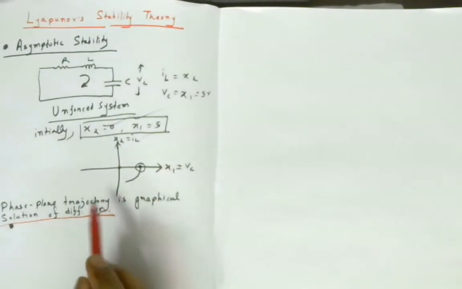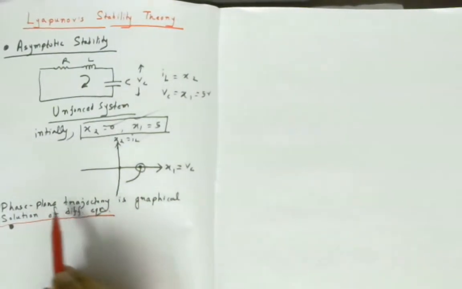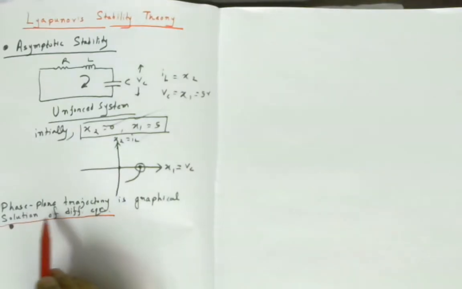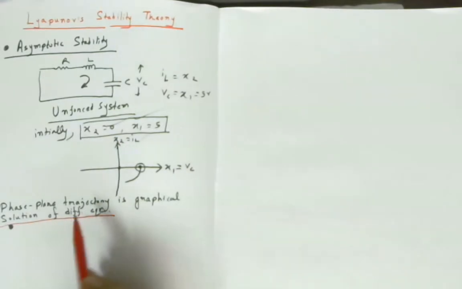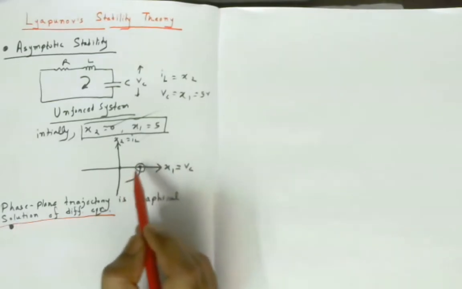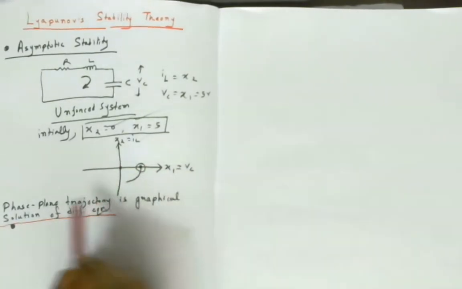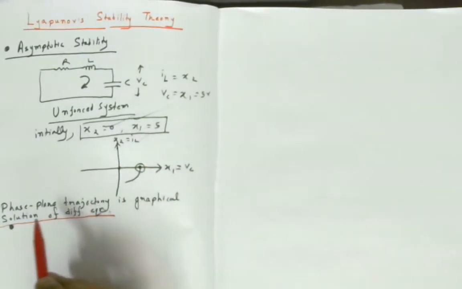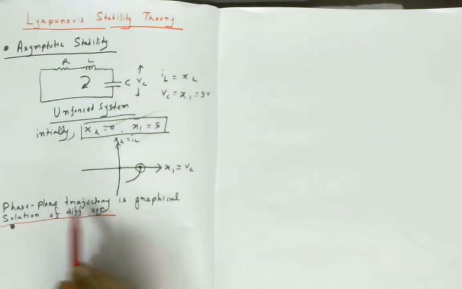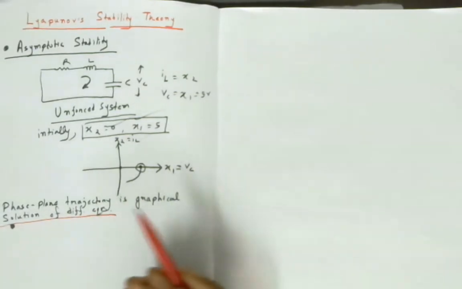We want to know what will happen to the solution of the differential equation when time tends to infinity. That's why you are observing graphically on the phase plane, but actually we are trying to observe what will happen to the solution when time tends to infinity.